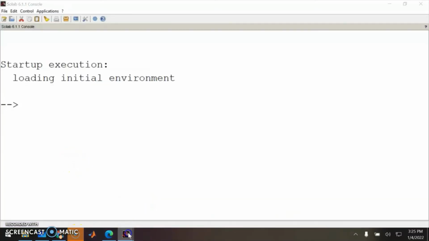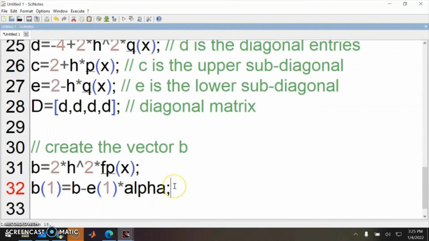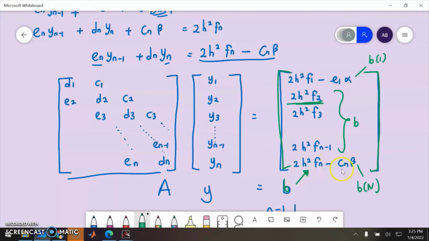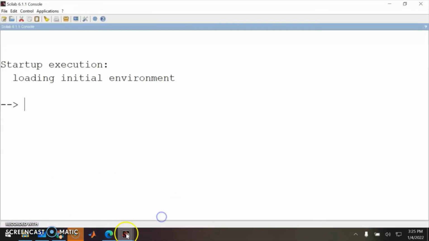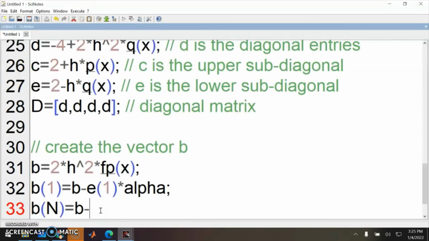Okay, so that's my B1. And then obviously B at N will be B minus C at N times beta.